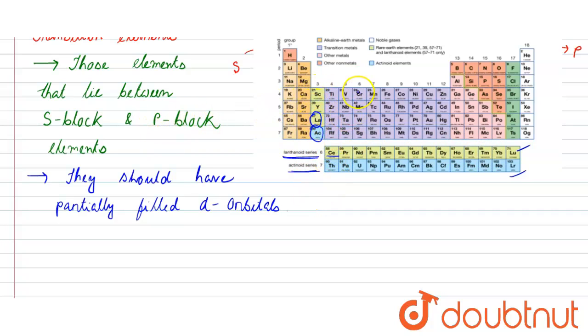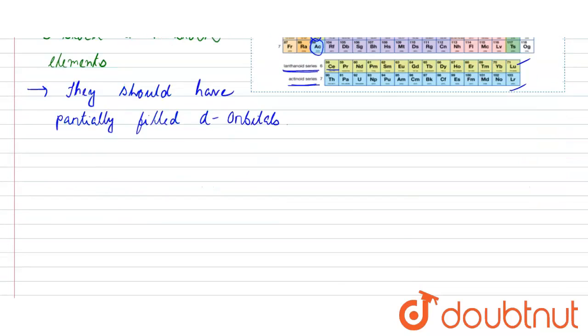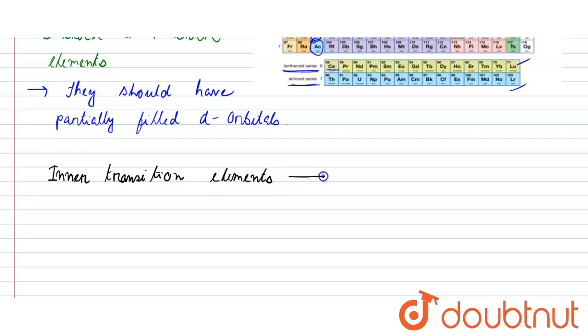The elements that form the D block are known as transition elements. For inner transition elements, we can say they are the elements that form the F block.